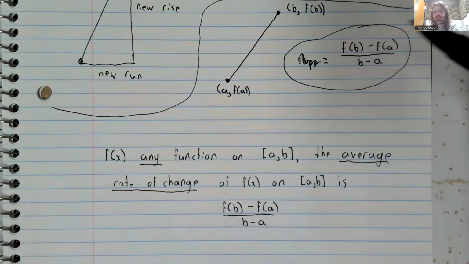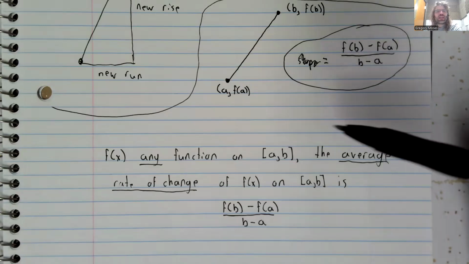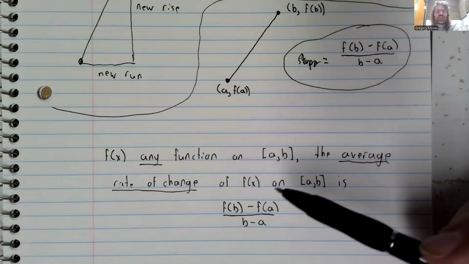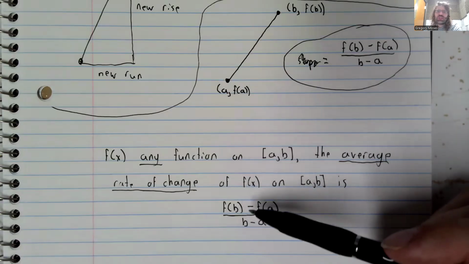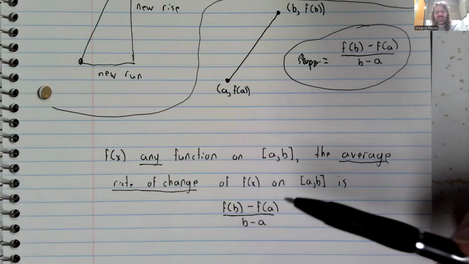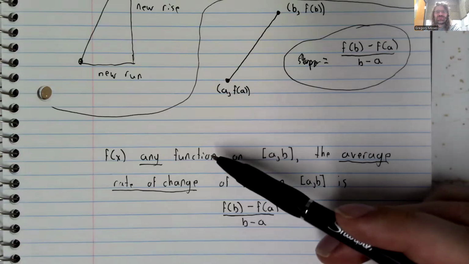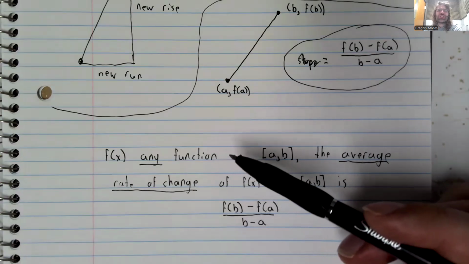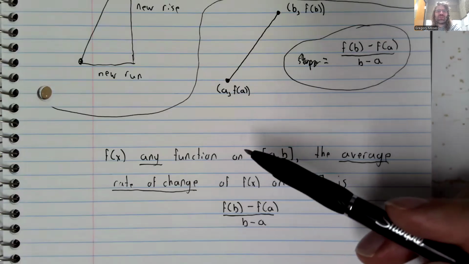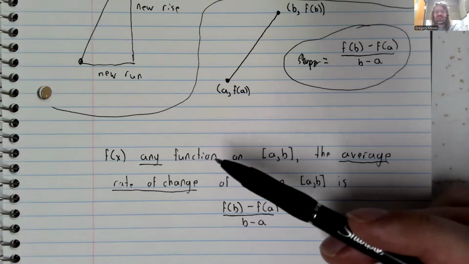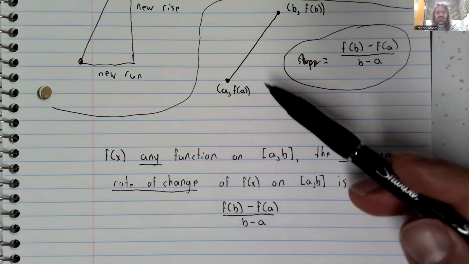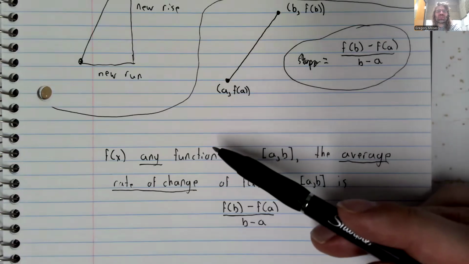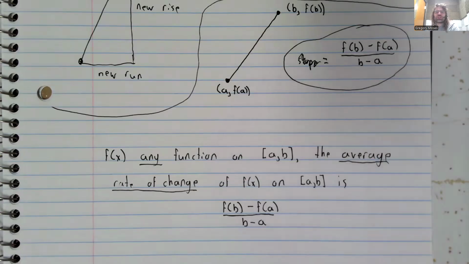So if instead of talking about slopes, we talk about average rates of change, this quotient can be defined for any real world day-to-day function. There are a few restrictions, but we don't have the tools in our toolbox to talk about the restrictions yet.